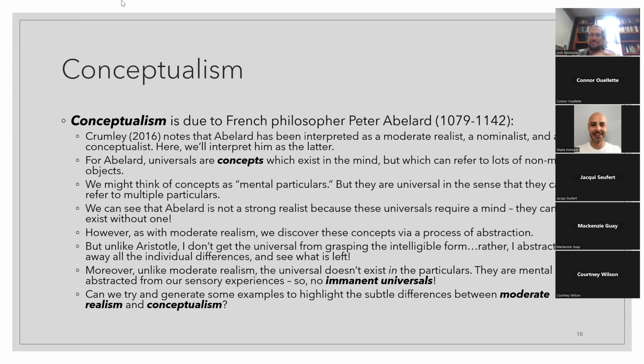That's what I'm left with after abstracting away all the little individual differences between every single dog I've encountered. That's the universal, and it's a concept that exists in my mind, not out there in the world.